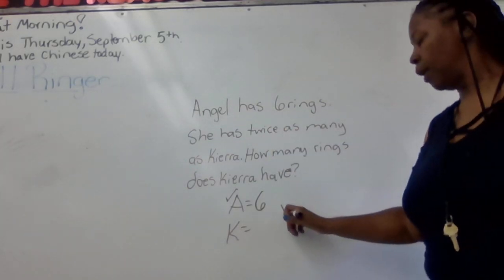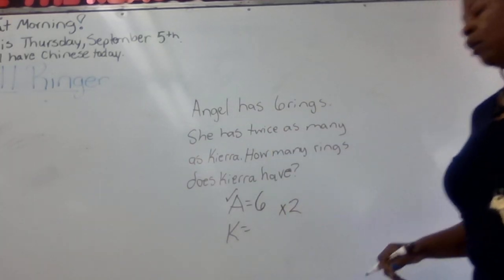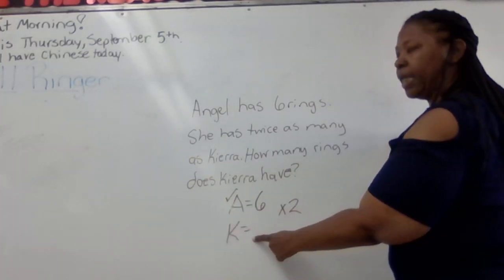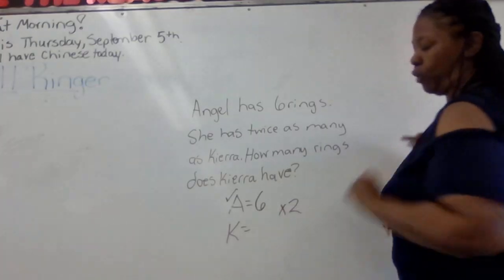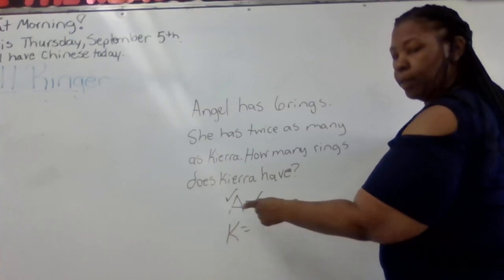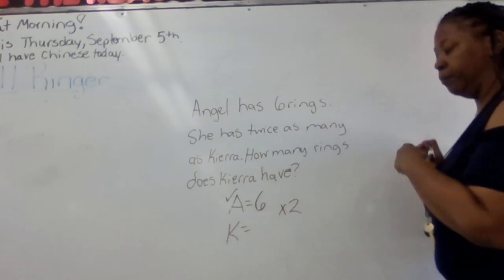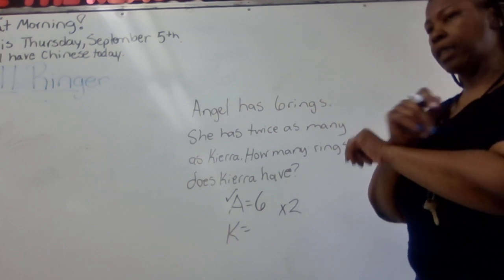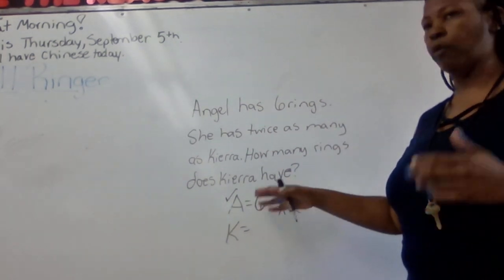So over here, we're going to do our times 2. So if Angel has more, because she has the check, that means Kiara's number cannot be larger than 6. Kiara does not have 12 rings. So we're not doing 6 times 2. So we know we're not multiplying on this because we already have our highest number, or our product.